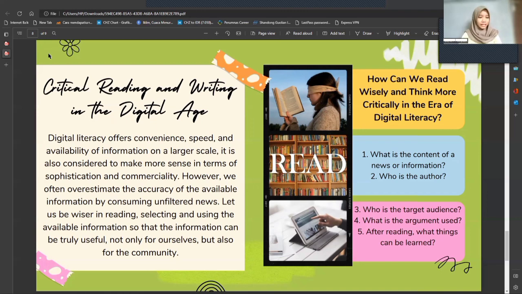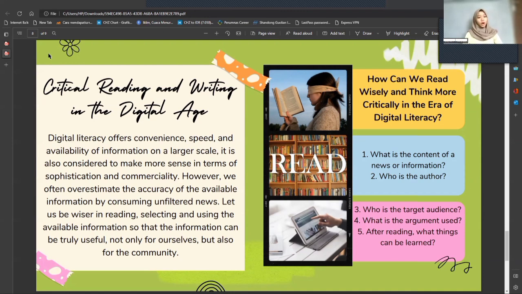Okay. The last is critical reading and writing in the digital age. Digital literacy offers convenience, speed, and availability of information on a larger scale. It is also considered to make more sense in terms of sophistication and commerciality.